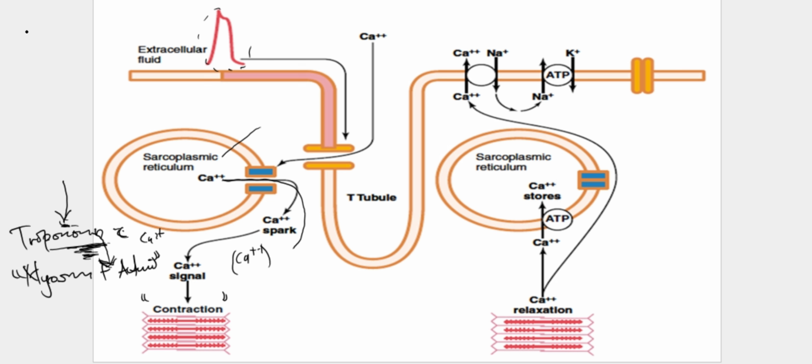That means it is able to use some ATP or some chemical energy to allow the calcium to move from outside into the inside. So this is an active transport. Even if you are having extreme concentration of calcium inside, this will still be able to move calcium inside the store.